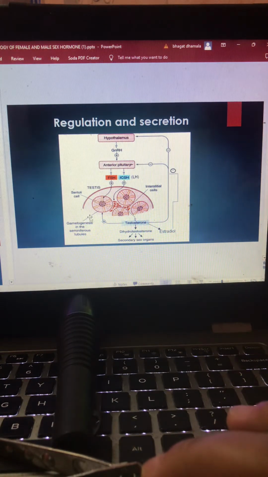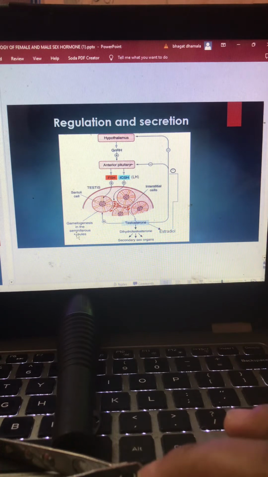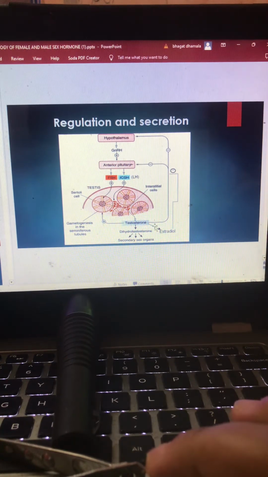The Sertoli cells are responsible for gametogenesis in the seminiferous tubules, while the interstitial cells cause release of the testosterone hormone. Testosterone is further converted into dihydrotestosterone, which is responsible for the formation of secondary sexual characteristics and the development of secondary sex organs. Testosterone can also be converted into estradiol.